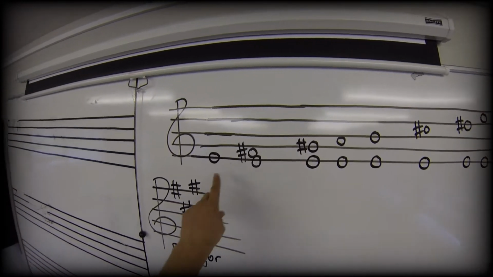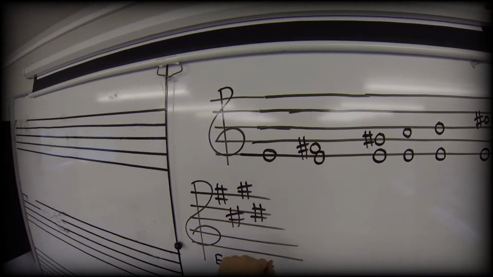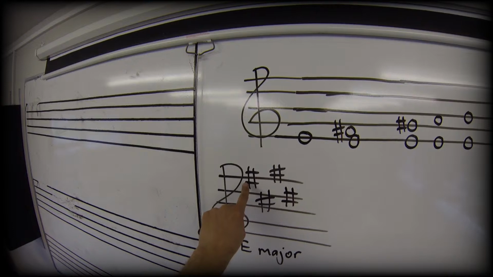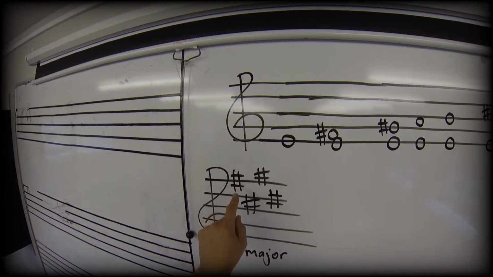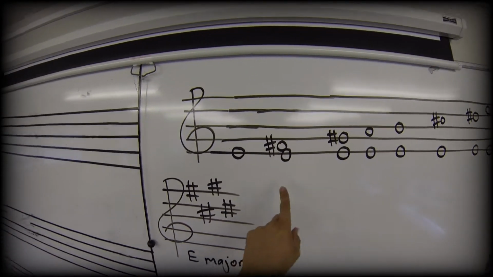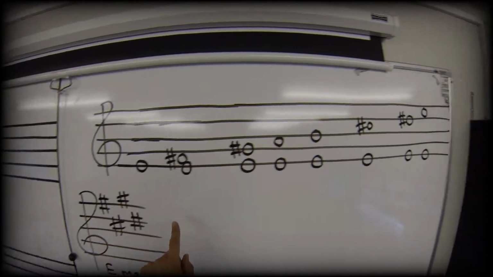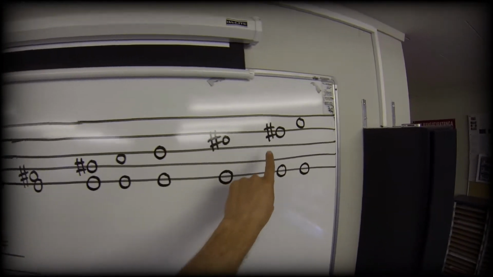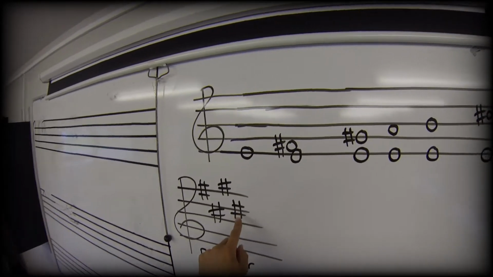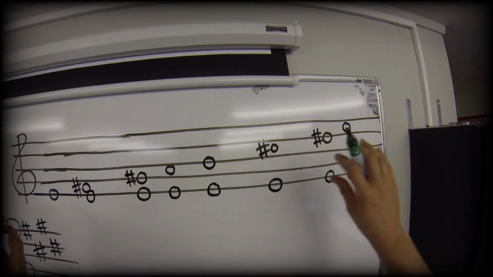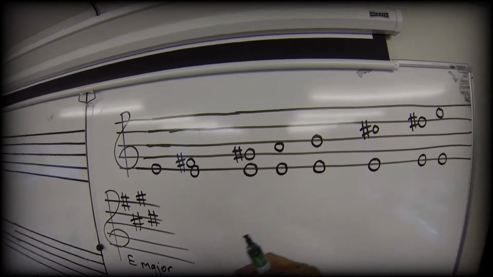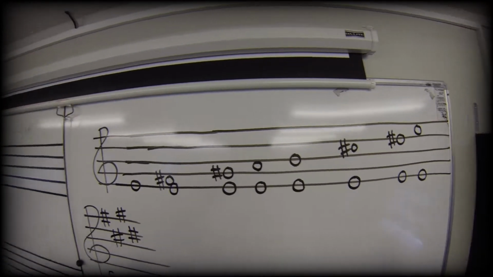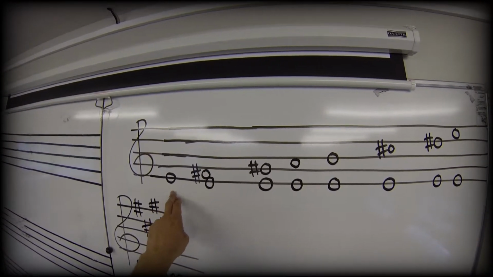So every time we hit a note like F, which is touched by the key signature, the F has to become F sharp. The G becomes G sharp. The C becomes C sharp. And the D becomes D sharp, because that's what I need to make that major step pattern rising from the root note of E.